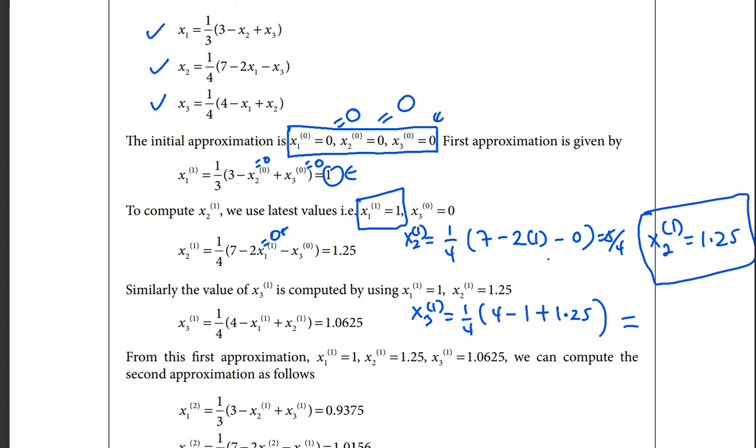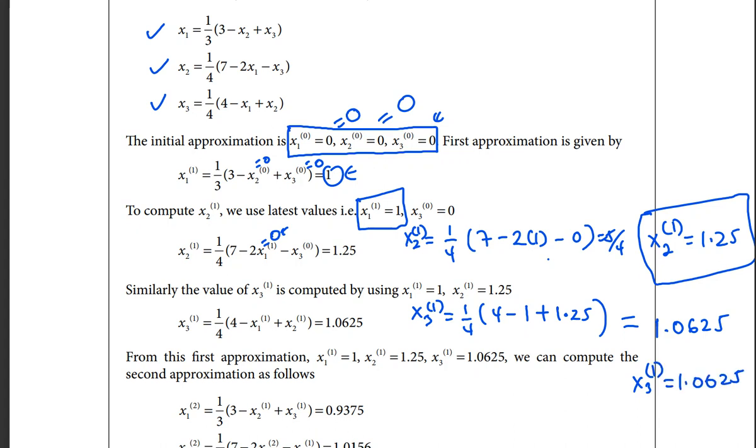I'm going to get 1 over 4 multiplying 4 minus 1 plus 1.25. This will give us a value of 1.0625 for the first approximation of the variable x3.